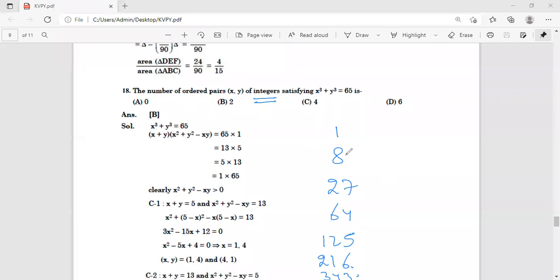So for positive numbers, the sum of cubes will be greater than 65 always, except 64 plus 1. Only one solution you can say, 1 4 and 4 1. Ordered means 1 4 is different from 4 1. When x is 1 and when x is 4, they are different solutions. So definitely 2 is the answer. There is no other possibility.